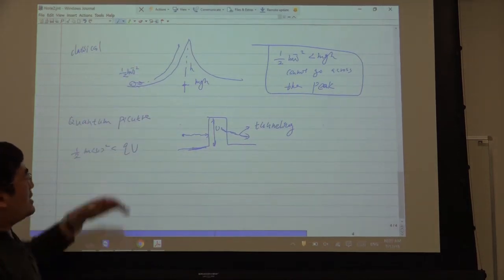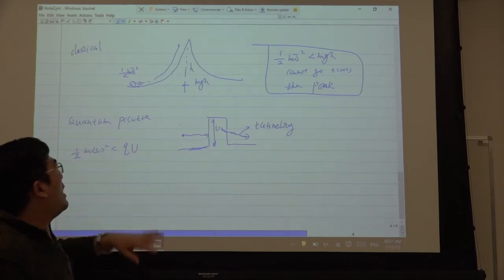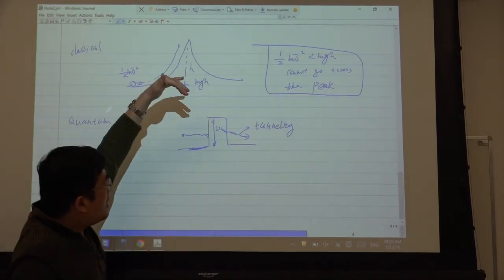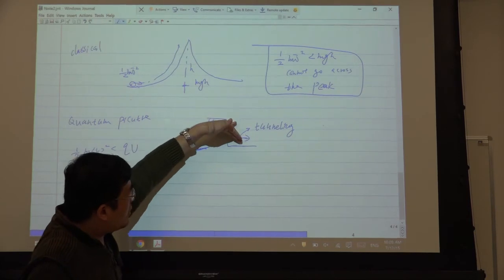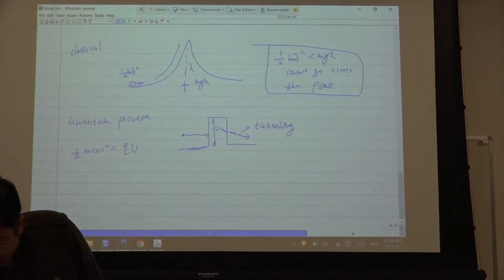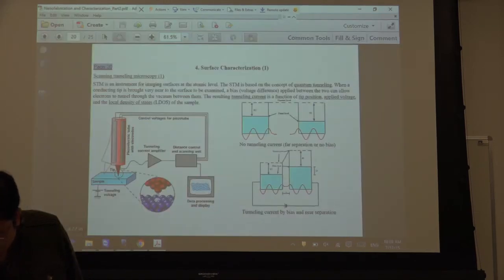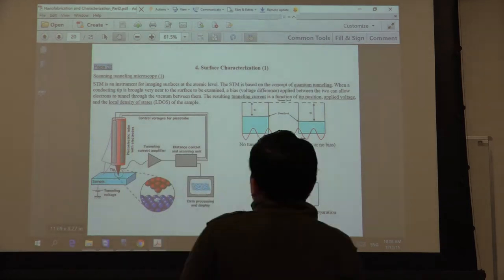The quantum picture says that even if your average kinetic energy is smaller than the potential energy, there is still a small probability to go across this barrier. We call it tunneling. If two barriers are very close to each other, they can overlap, so there is a current.